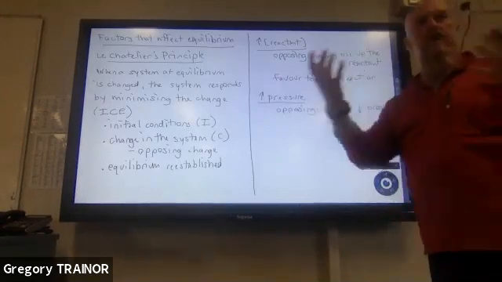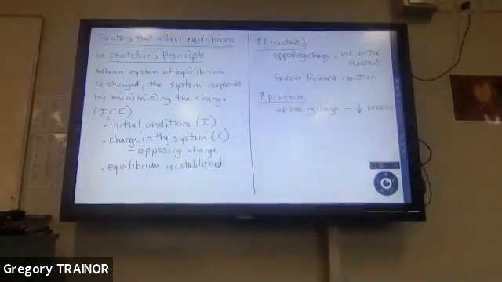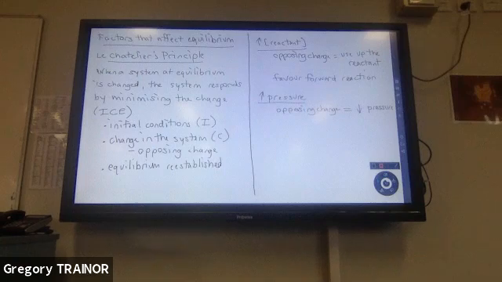Now, a system can only alter the pressure if there are an uneven number of moles of gas. If you've got the same number of moles of gas on both sides of the equilibrium, the system is insensitive to pressure. In other words, it doesn't matter whether the pressure goes up or down, the reaction can't do anything about it. But if you've got fewer moles of gas on one side and more on the other, if you increase the pressure, the system will move in the direction that has fewer moles of gas because that reduces the number of particles in the volume, therefore it reduces the pressure.